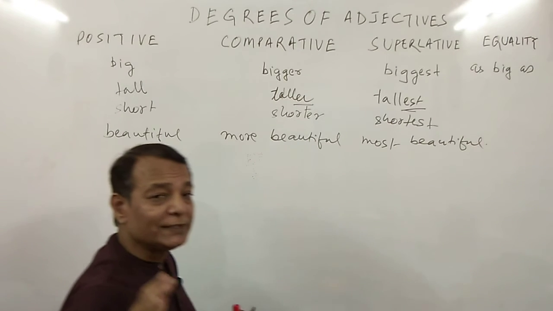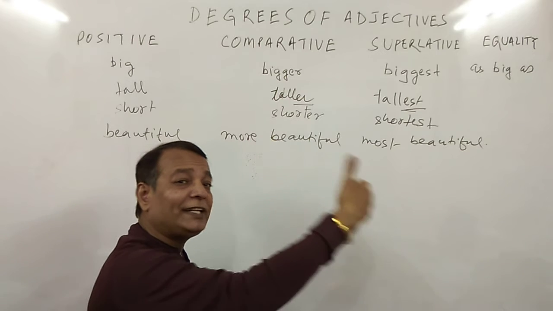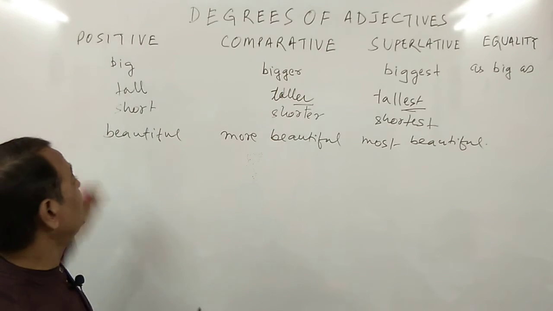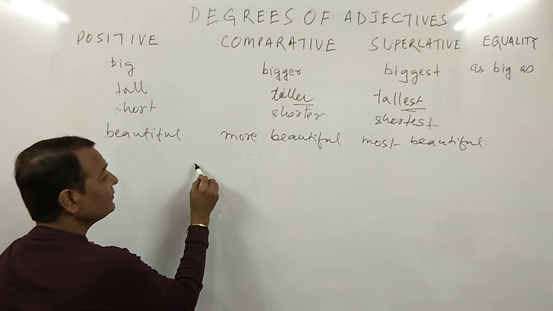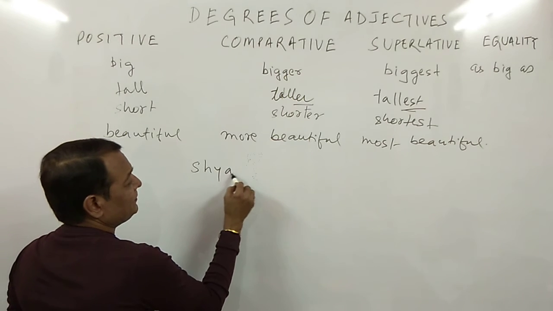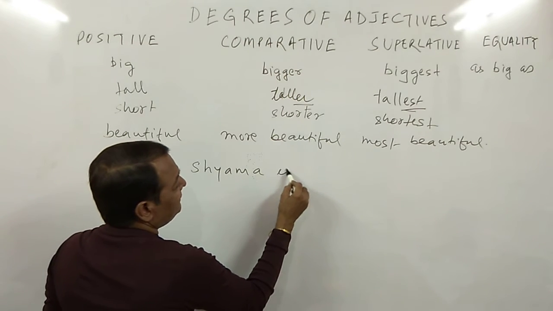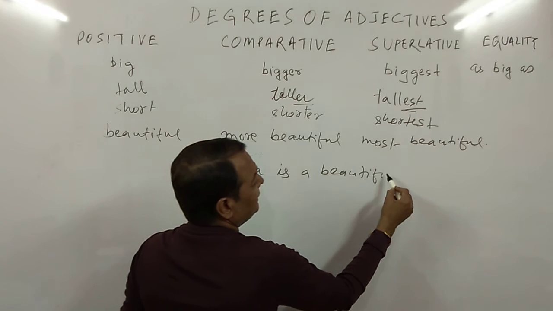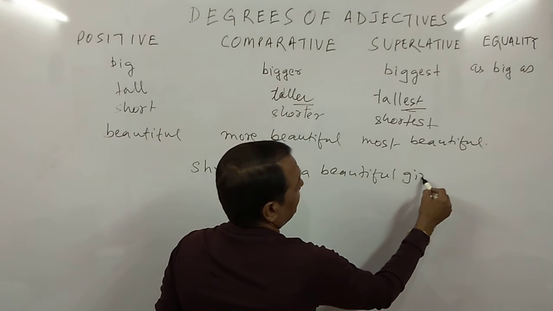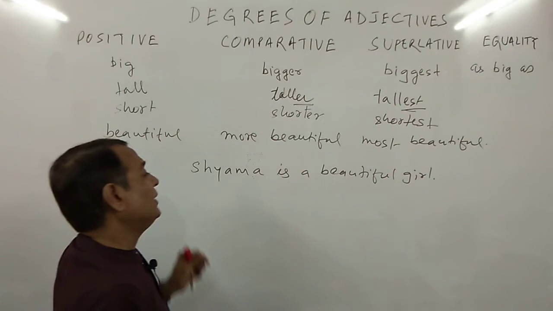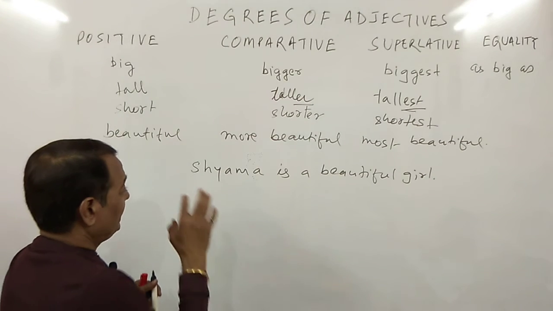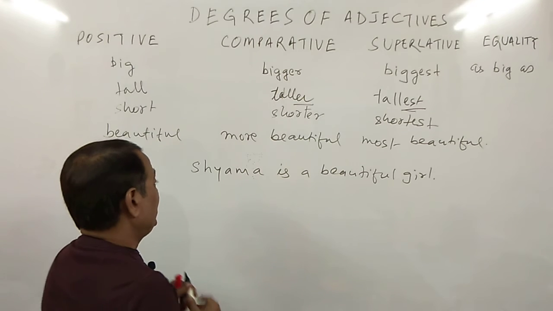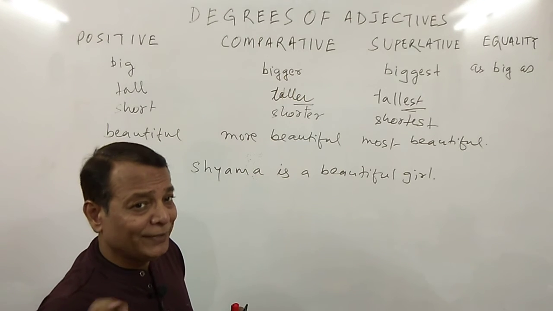When we use this in a sentence, how do we use it? For the positive degree, we do not add anything else. Suppose Syama is a beautiful girl. Now when you make the sentence Syama is a beautiful girl, you are not comparing Syama with anyone.